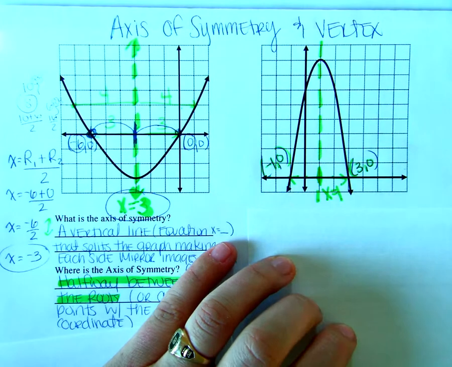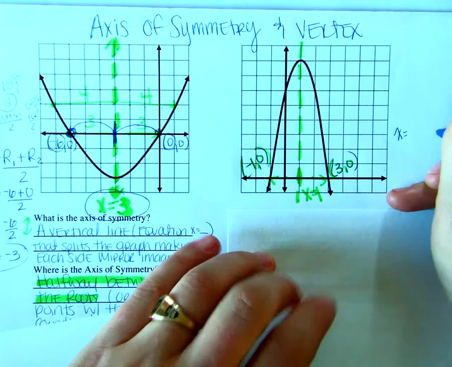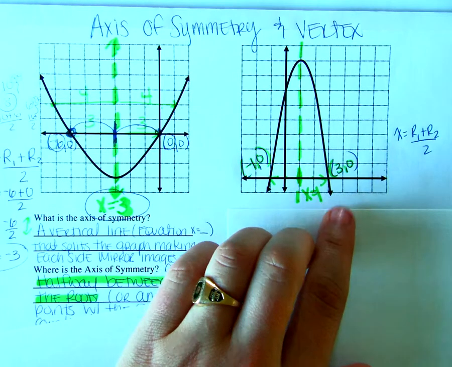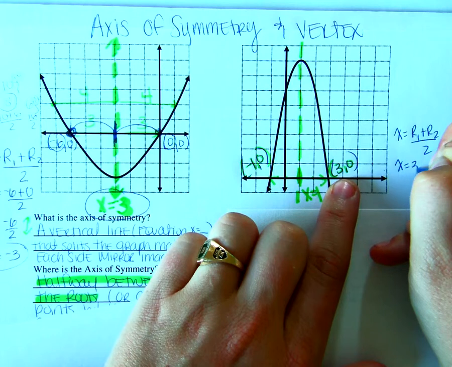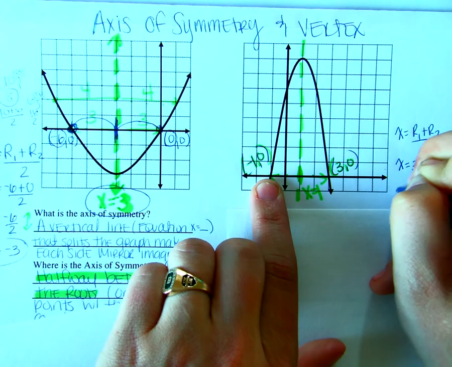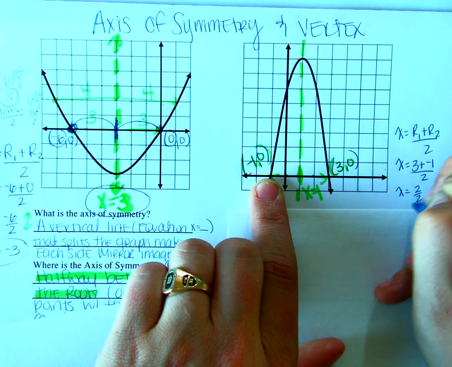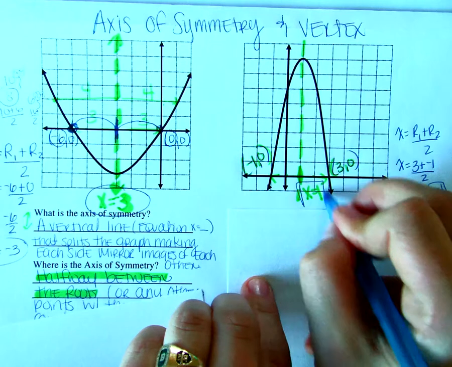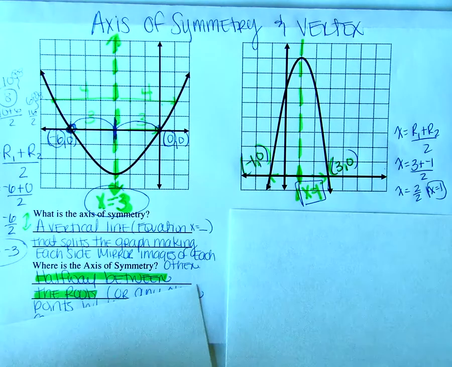So if I wanted to solve for the equation of the axis of symmetry, I would add the roots and divide by 2 to find the middle. Root 1 is 3, root 2 is -1, and divide by 2. 3 minus 1 is 2, and 2 divided by 2 is 1, which is what we got. Okay? We'll do more examples.